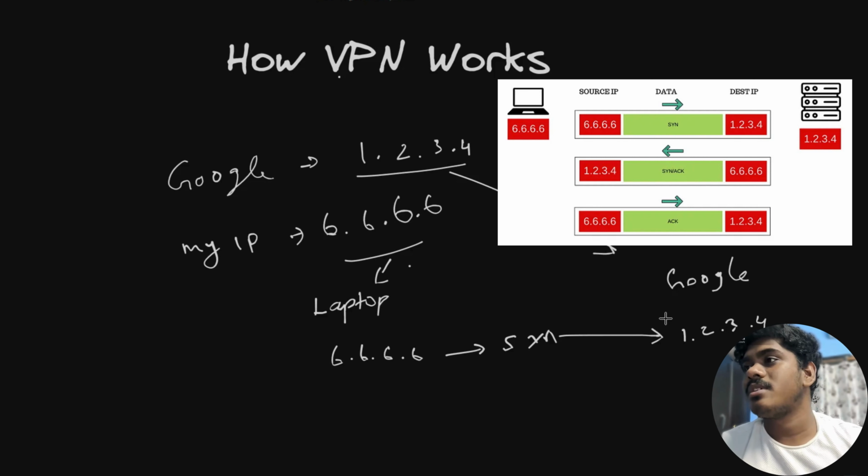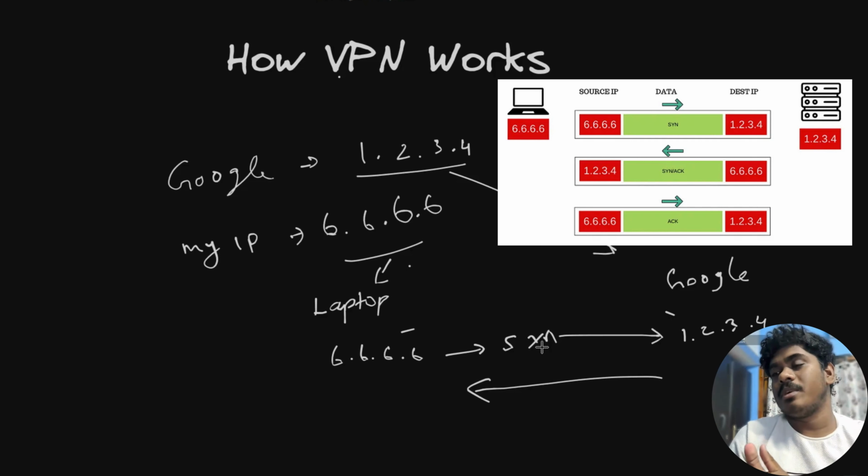Once your request is sent to the server, the Google server replies directly to your laptop. So there is no protection, and there is no third party. Your laptop communicates directly with Google, and Google directly returns the response to the laptop. This is how it works without a VPN.